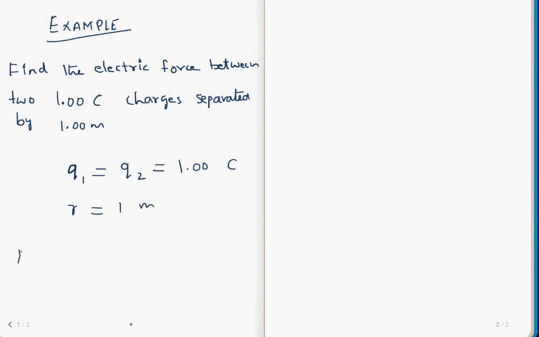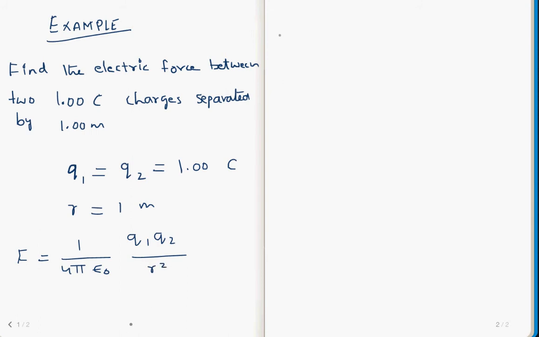Now from the formula, F equals 1 divided by 4 pi epsilon 0 times Q1 Q2 divided by r squared.